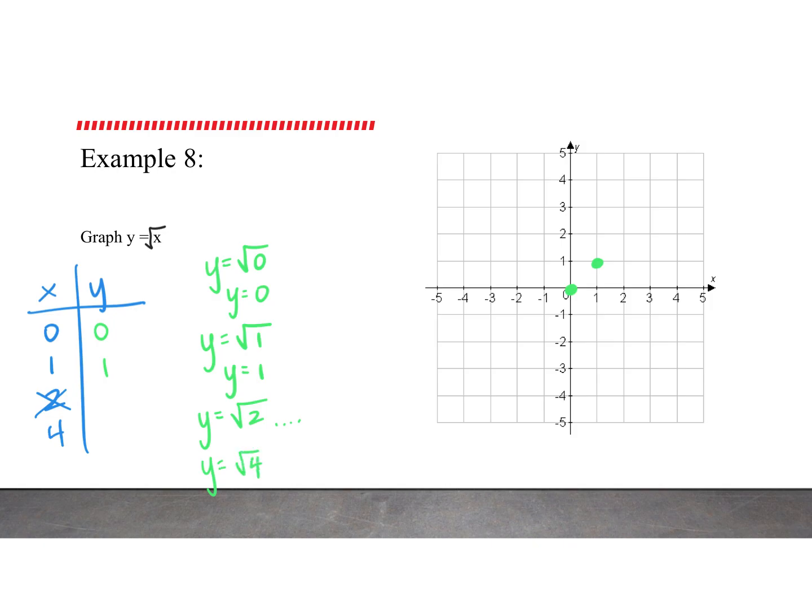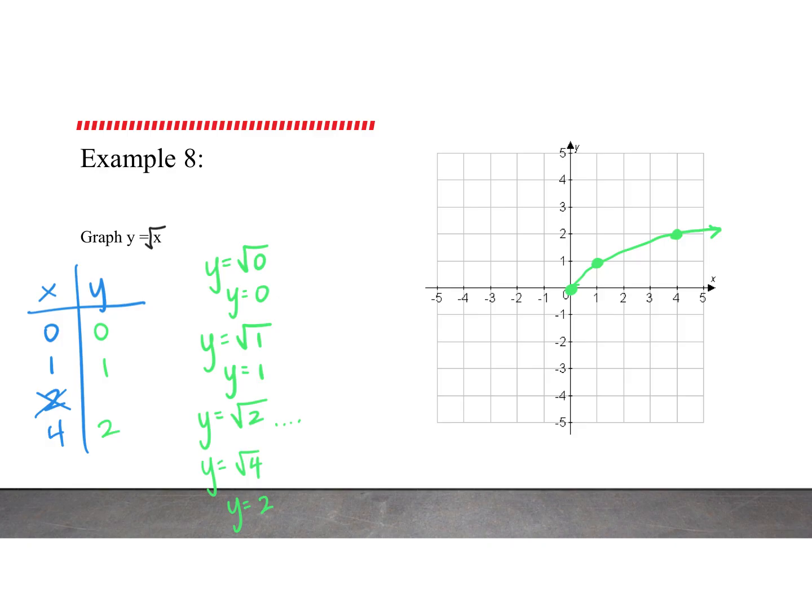So if I plug in 4 underneath that square root, that gives me a nice pretty number. We get a whole number 2. So 4 comma 2. And square root ends up with this shape. It's like it starts like peaking up and then it kind of flattens out.